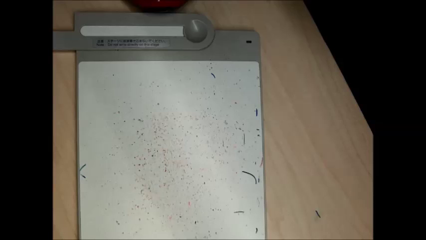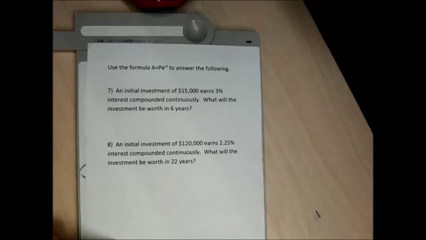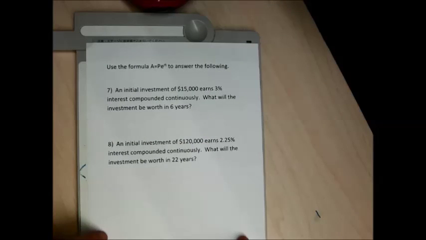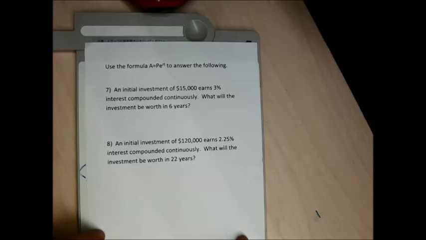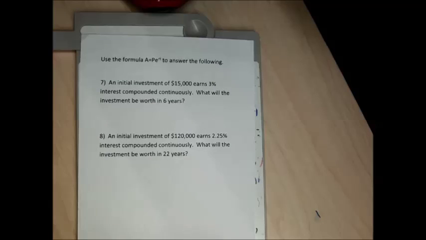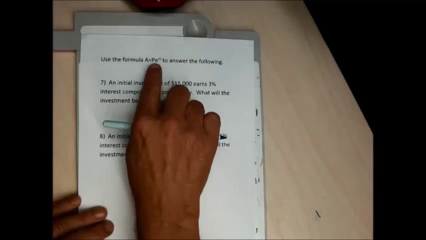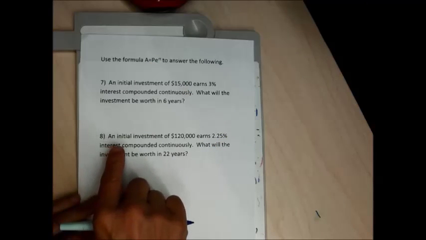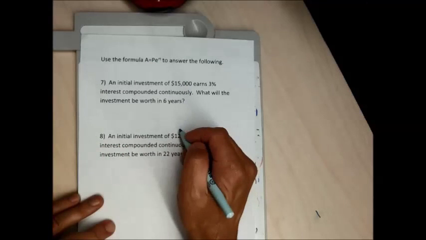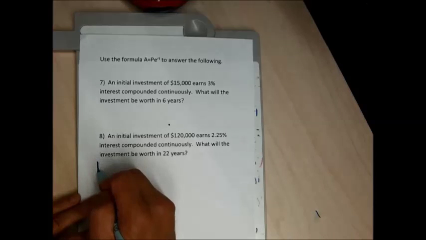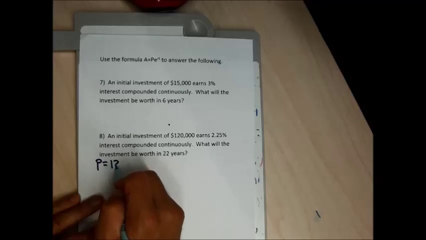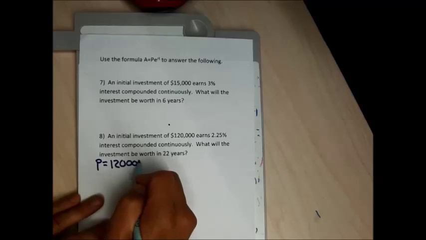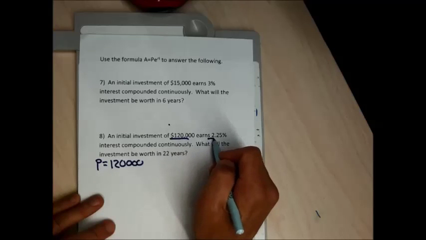Alright, so 7 and 8 are essentially the same problems. So let's see what we can do with those. As I read through this problem, it gives me the formula, so I know which formula I'm using. An initial investment of $120,000, that's going to be my P. Earns 2.25%.